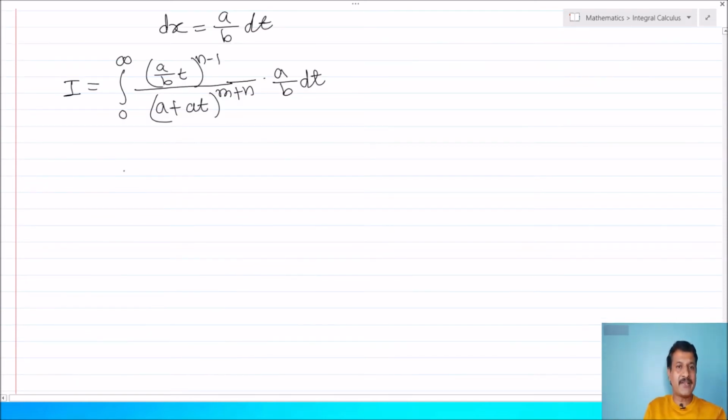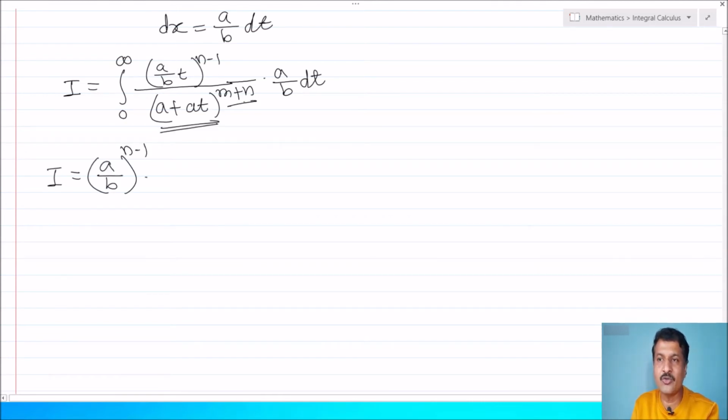Now simplification: take all constant terms outside. So I am getting I equal to (a by b) raised to n minus 1 into, with a common, 1 upon a raised to m plus n into a by b.